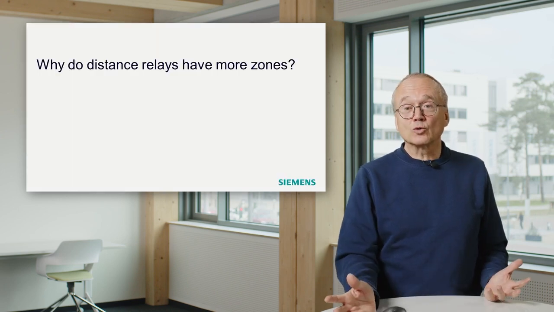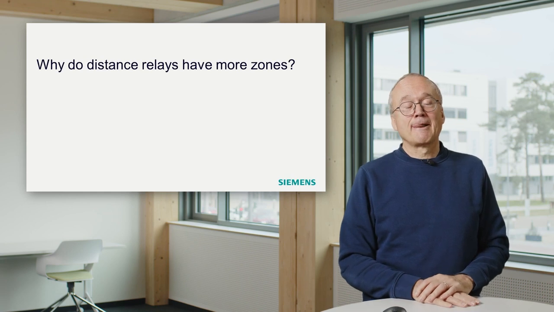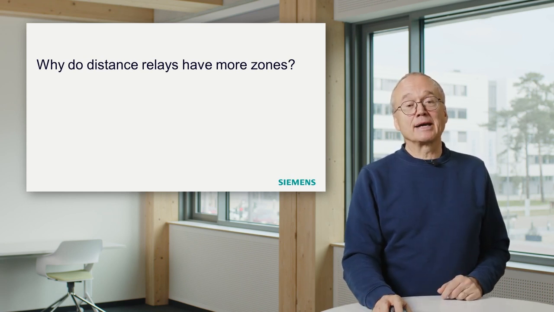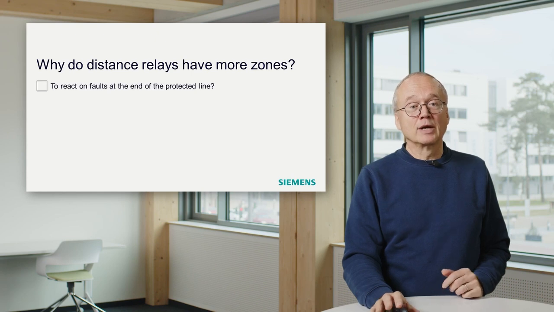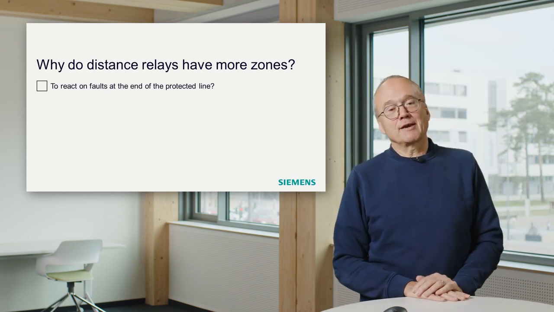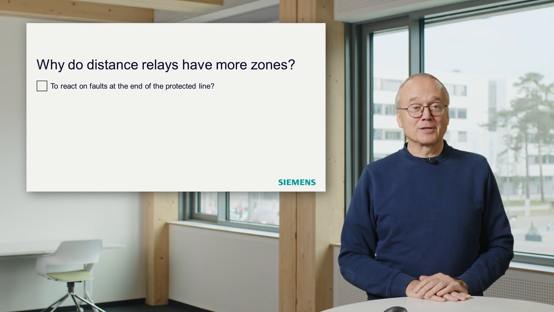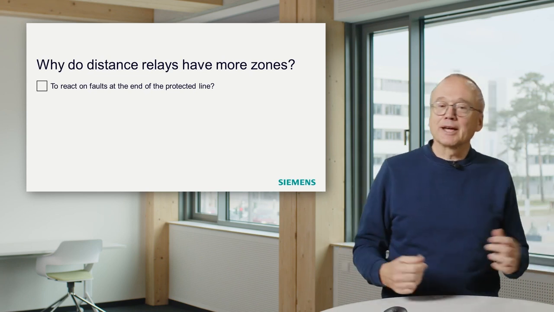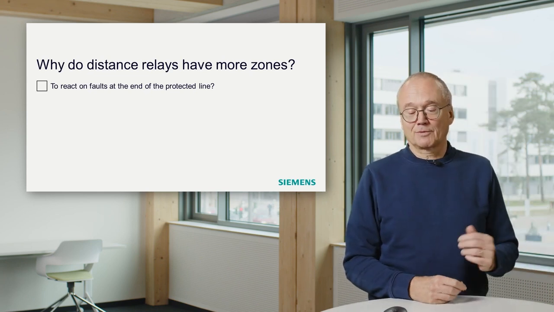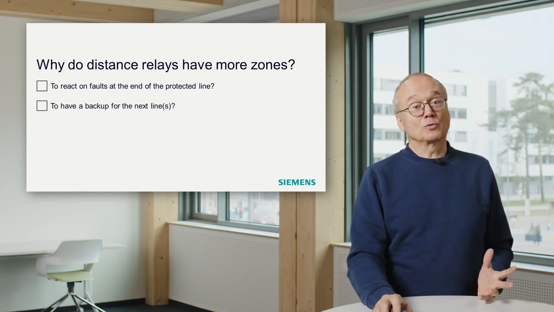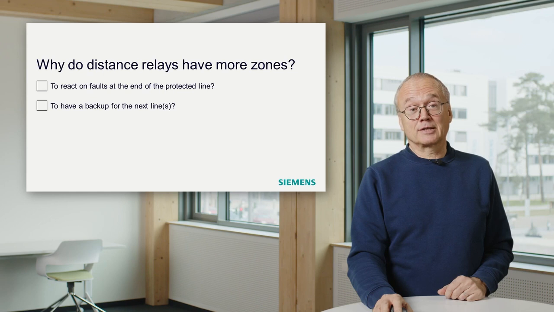And if you look into a manual of a distance relay, you will see many zones. So you might ask the question, why do distance relays have more zones? One possible answer would be to react on faults at the end of the protected line. That is a thing I already discussed. Another option could be a backup for the next line.